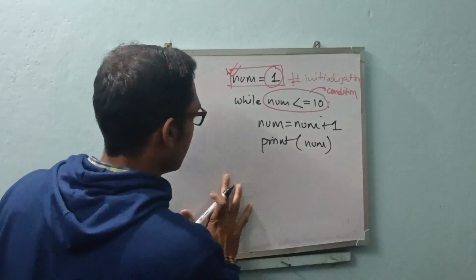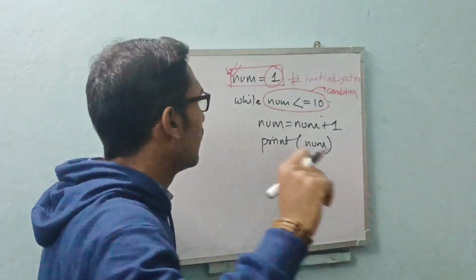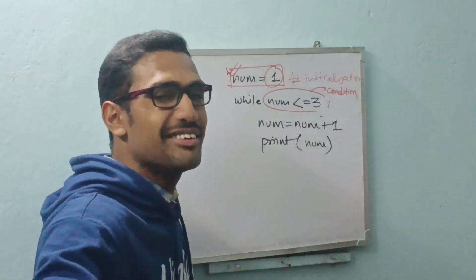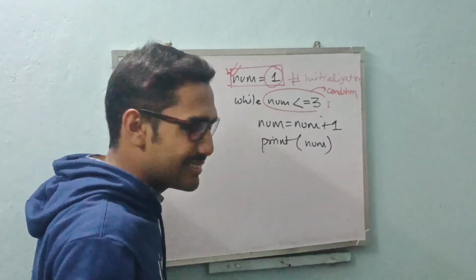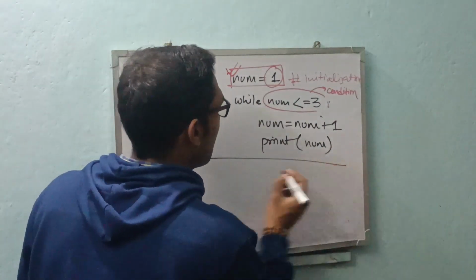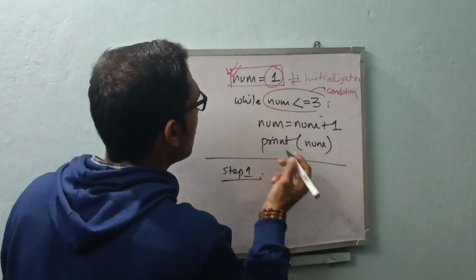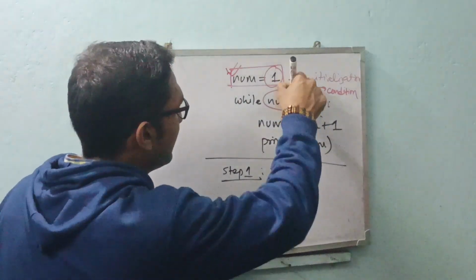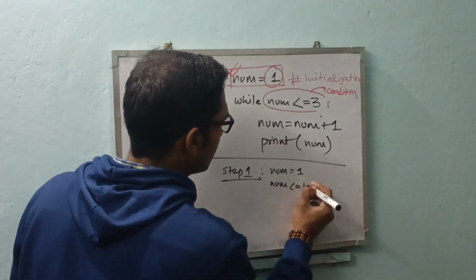Suppose let me print the values from 1 to 3, in order to keep the number of execution steps low. Now what would happen in step 1? The value of num is 1. Fine. It will move to the condition part. Is num less than or equal to 3?